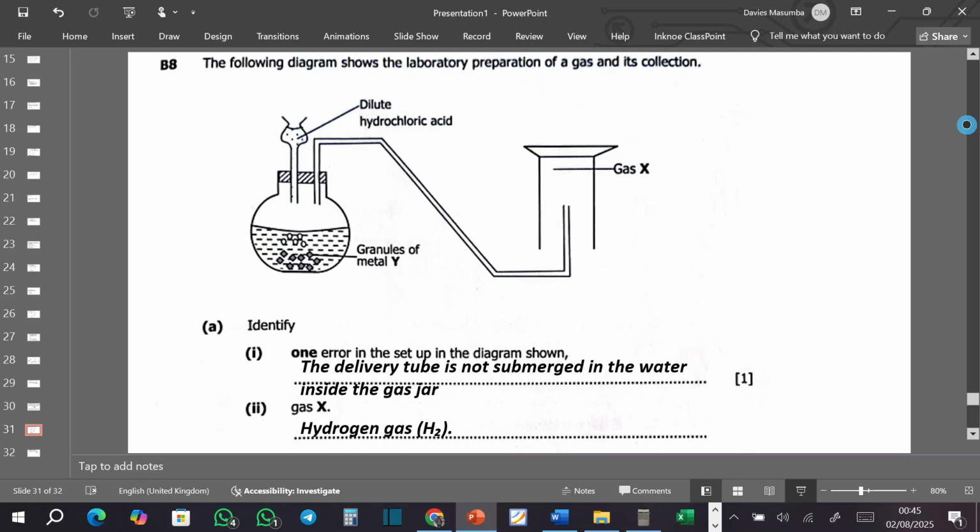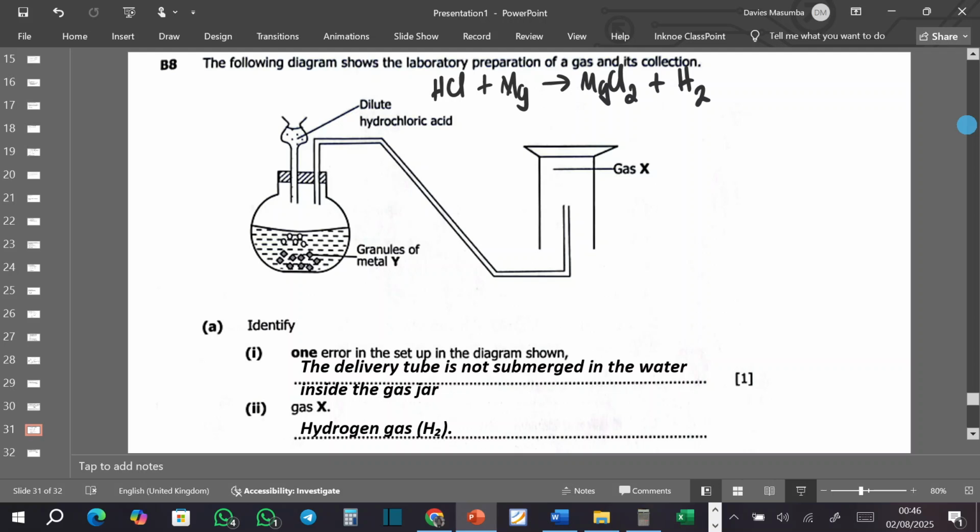The moment you have an acid, for example, hydrochloric acid plus a metal, maybe let's say magnesium, it will form a salt like magnesium chloride, and the gas which is always produced is hydrogen. So when they say M, identify Roman numeral one, error in the setup in the diagram shown.